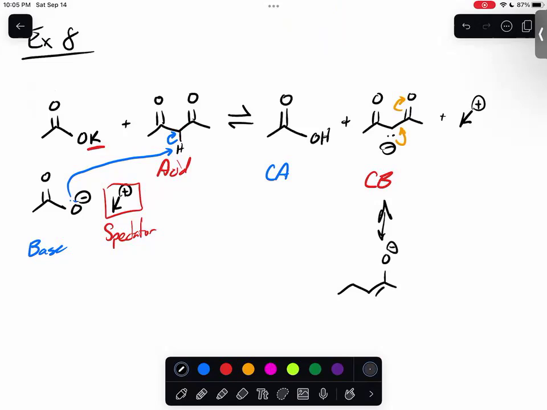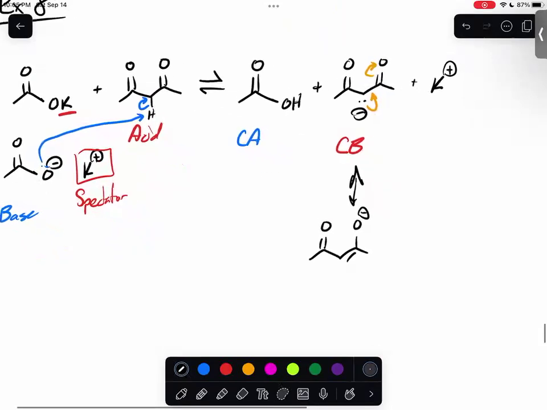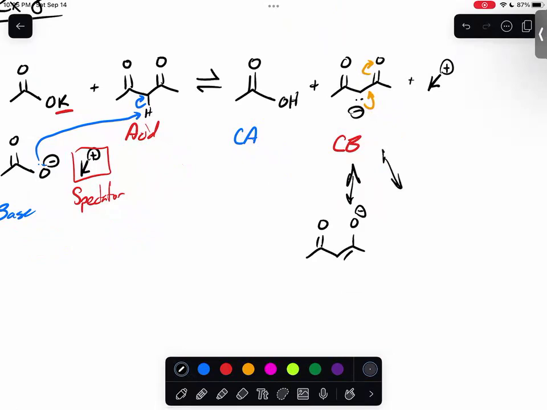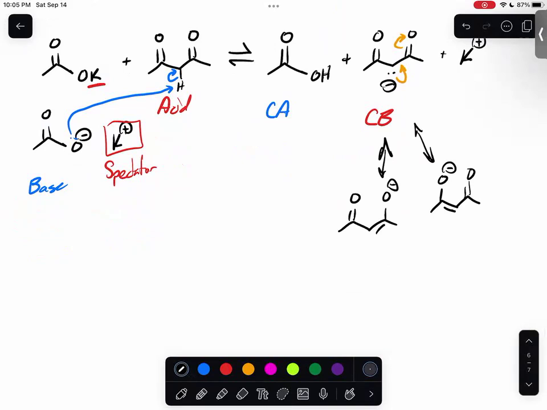And so we have this one here, and we also have another one. I'm not going to draw the electron movement for it, but it's this here. Versus in our starting material, we end up with this one here.